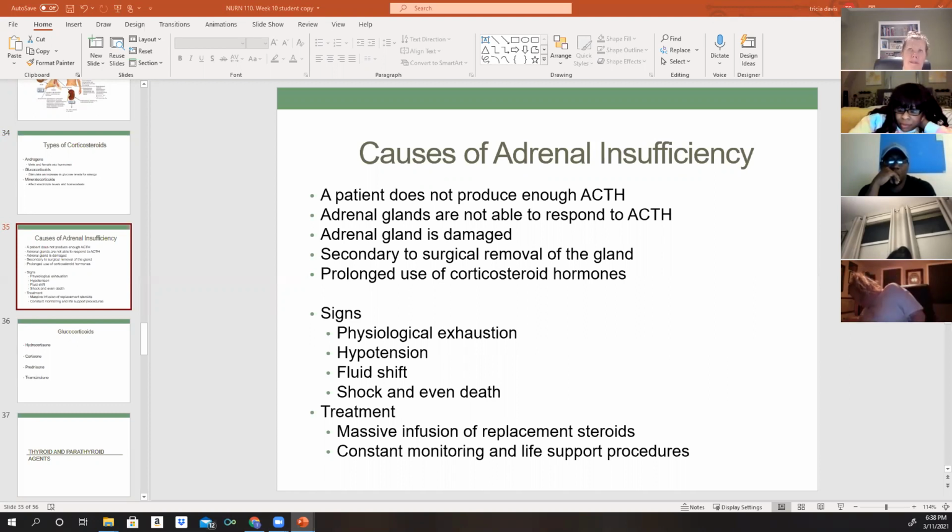So when we are giving patients steroids in the hospital setting, to prevent this from happening, we always want to recommend that they only stay on the steroids for the shortest term needed, and that when we do take them off of it, that we're going to wean them slowly from the hormones. So that way the adrenal glands have time to recover and they can actually start producing those hormones again.